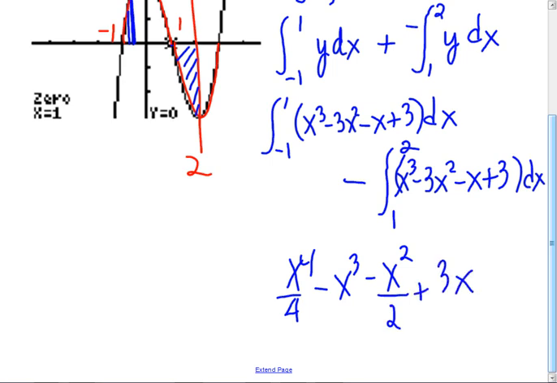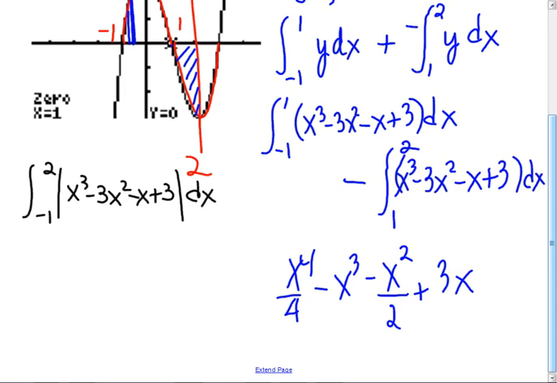Now, if I really want to make my life easy, what's another way I could do this? If you did the homework, you'll know. I can integrate from -1 to 2 of x cubed minus 3x squared minus x plus 3, provided I do what? Put it into what? Absolute value. So if this were your velocity and they asked you for your speed, you'd have to absolute value that.